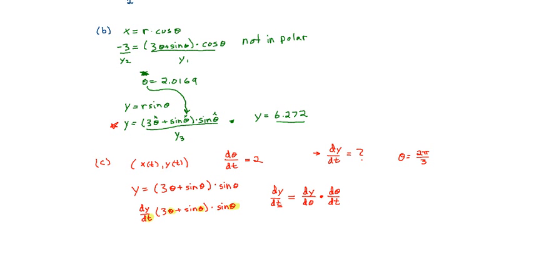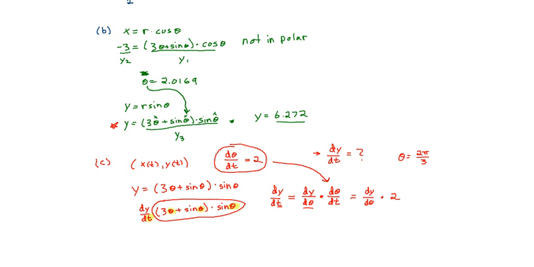Thankfully, they give us d theta dt right there. So that's nice. So whatever we get here, we're going to multiply by 2. Just like that.